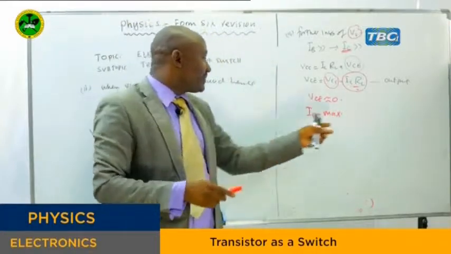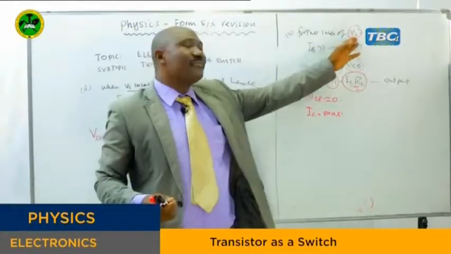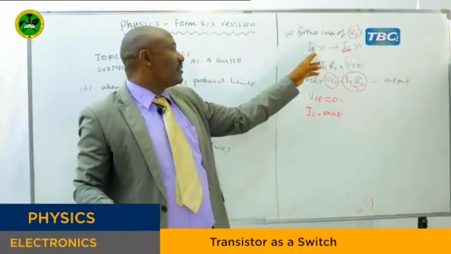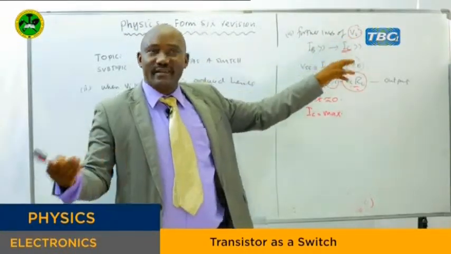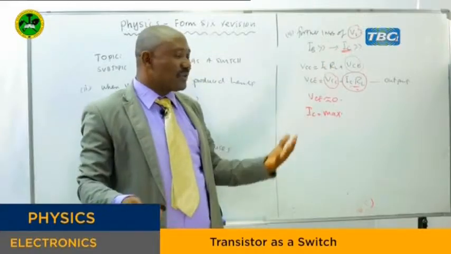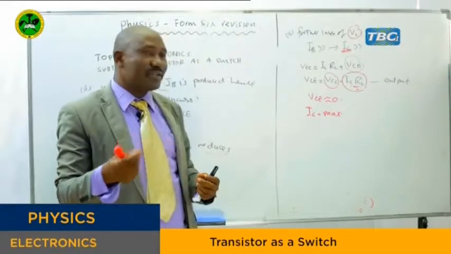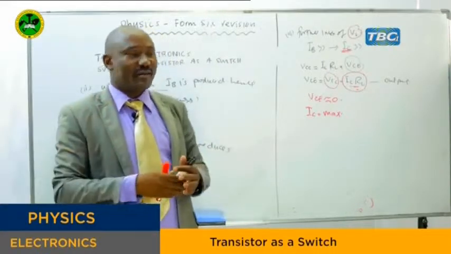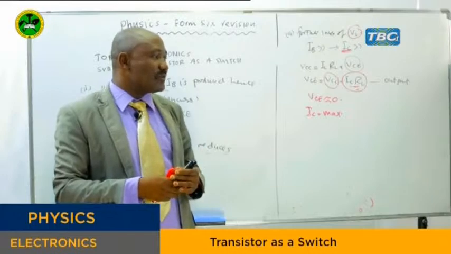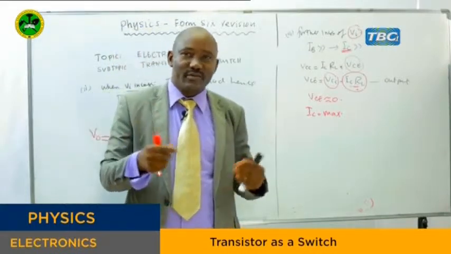And when you talk of maximum, it means even if we increase the input voltage, the current also increases, but that value will never increase further. It's like an example when you are at home and you have some sugar in a cup. There is a point where, when adding more sugar, the sugar you add will never dissolve.